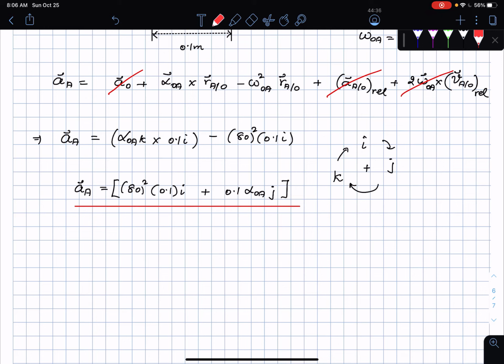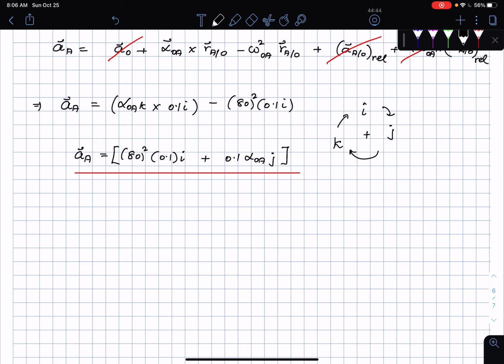Now all we have to do is write the acceleration of A, relating it to the acceleration of B by looking at the bar AB. Okay, so that's the third step. Bar AB is where I'm going to be focusing my attention, and let me grab that bar from here.